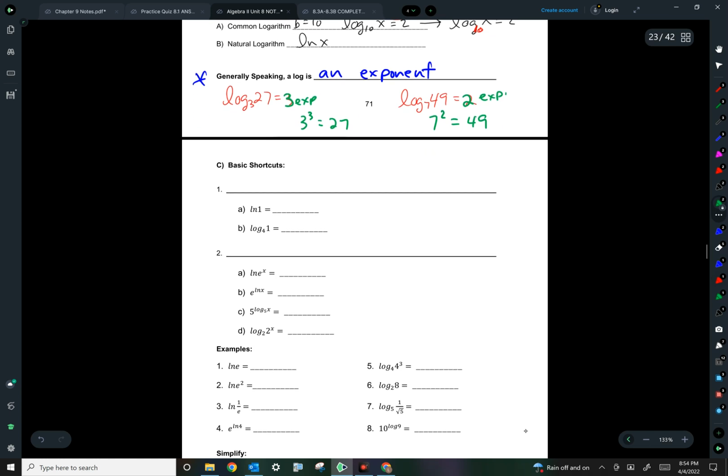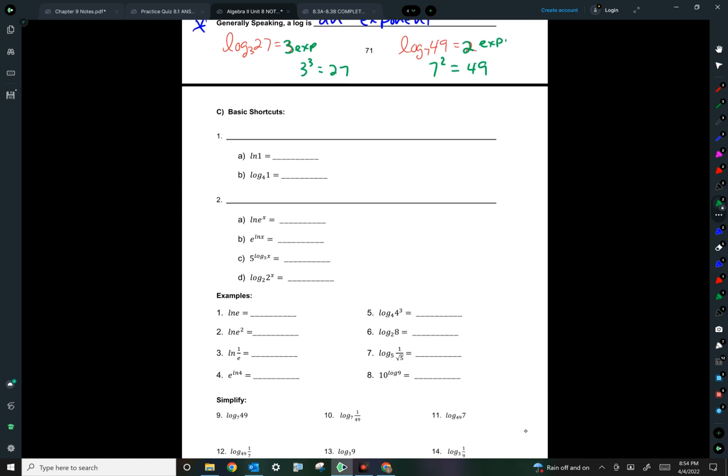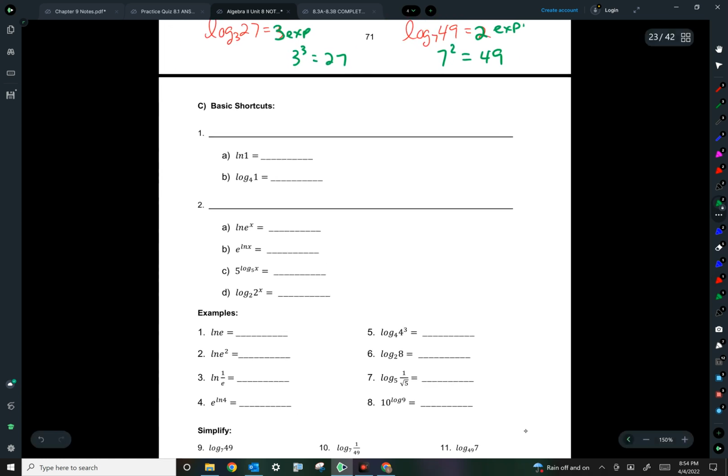Okay, so some basic shortcuts that will save us some time and effort. Remember our exponent rule that anything to the 0 power equals 1? Well, if I were to change that into a logarithm, I would say log, what's the base? x, of the answer equals the exponent. So does it matter if x is a 10?